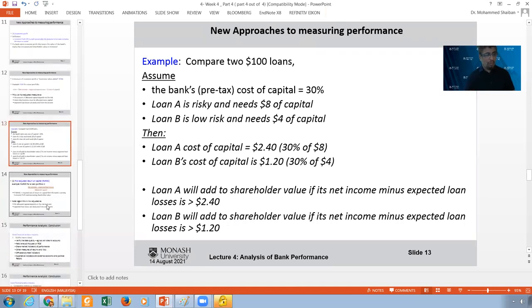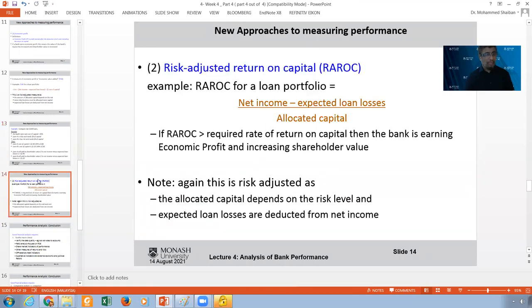This is actually the economic added value. Now the risk-adjusted return is a little bit different. We take the net income minus the expected loan losses, divided by allocated capital. It will give me a percentage.